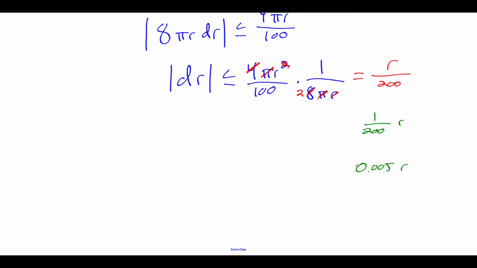Now if we look at this decimal 0.005, and if we were to convert that over into a percent, that would be 0.5%. So we want to measure the length of our radius with an error of dr so that the difference is no more than 0.5% of the true radius.